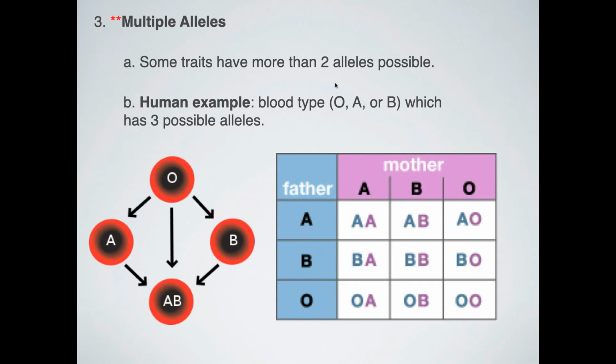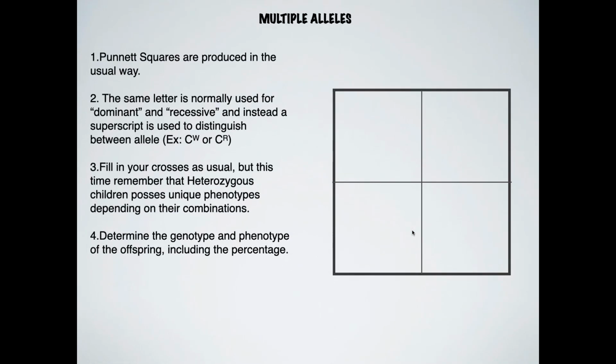So there are plenty of examples of multiple alleles where one parent has A, B, or O, and another parent has A, B, or O, and this is what would be mixed together if we were looking at an actual chart. Normally you need a quick chart like that on the previous slide in order to figure out what's going on.